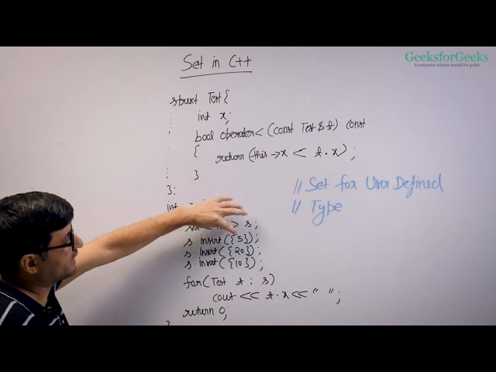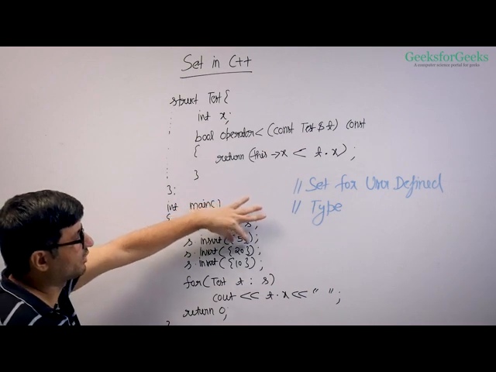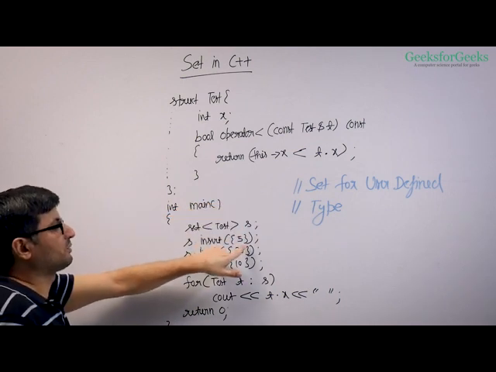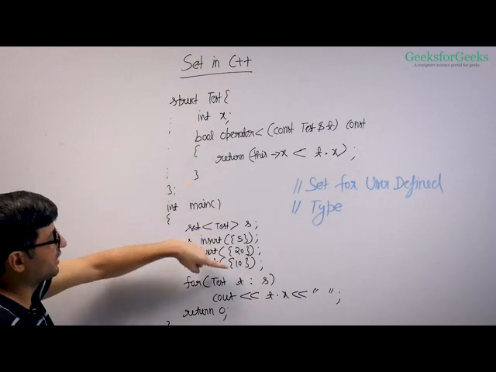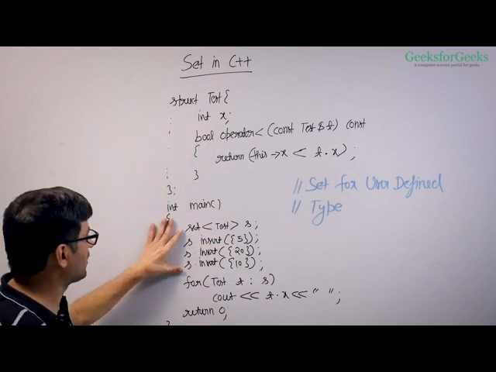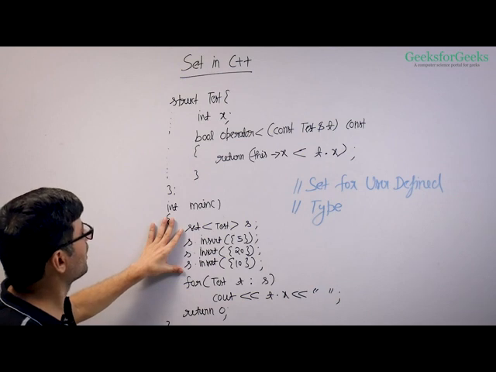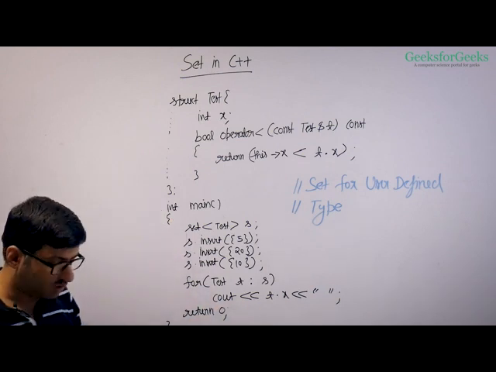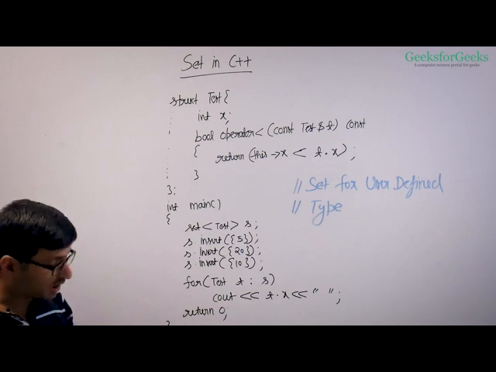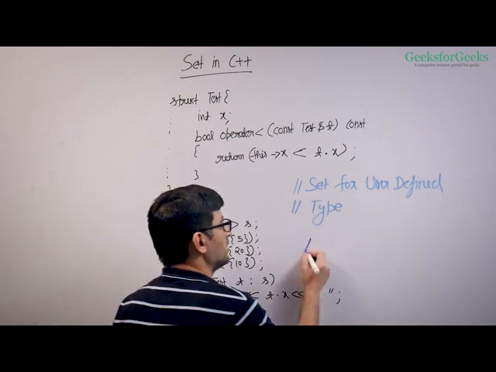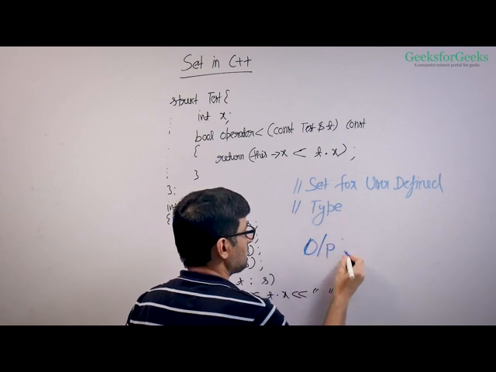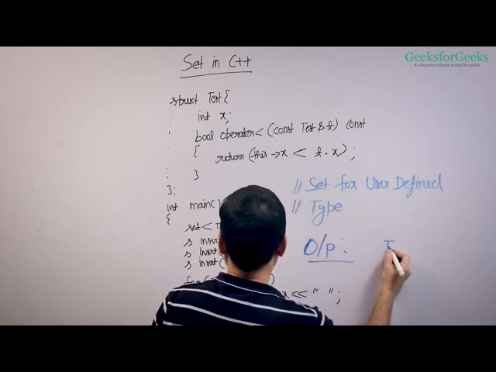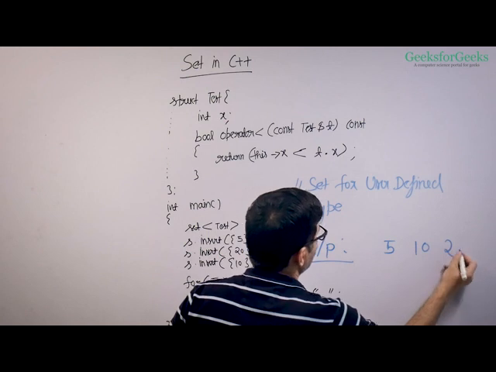In case of structures, we can create an object this way. So I create an object with value 5, then 20, then 10. So this set now contains 3 objects of type test. Now when we traverse through the set, we see that these object x values are printed in increasing order. The output is 5, 10 and 20.